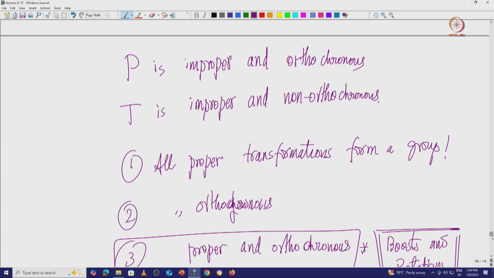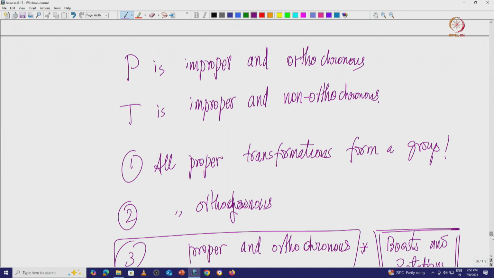T is improper, its determinant is also minus 1 because it is minus 1 times 1, 1, 1, 1. So it is essentially again an odd number of minus 1s. It is an improper Lorentz transformation, and it is also non-orthochronous because the lambda 0 0 element is equivalent to minus 1.